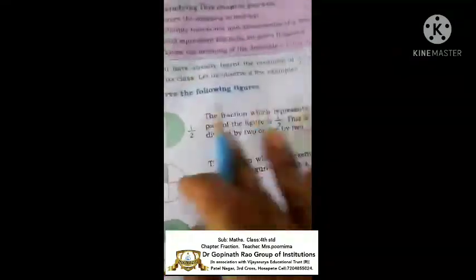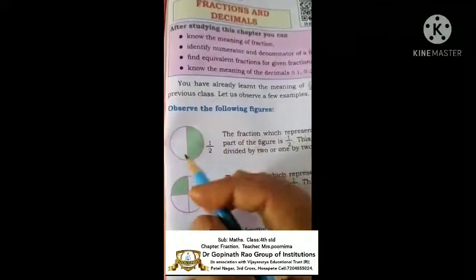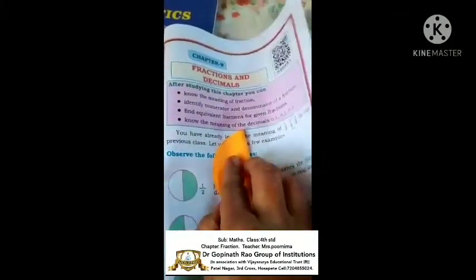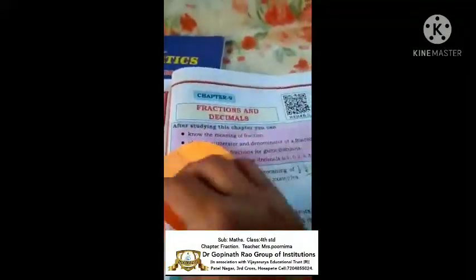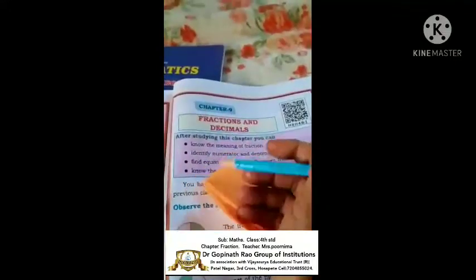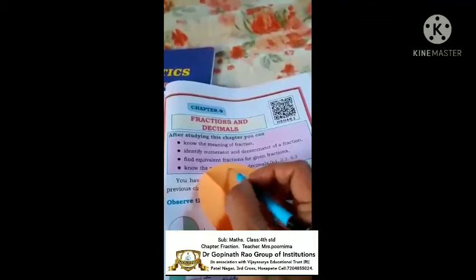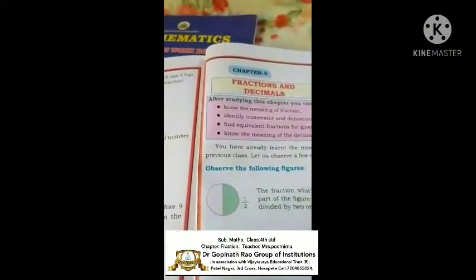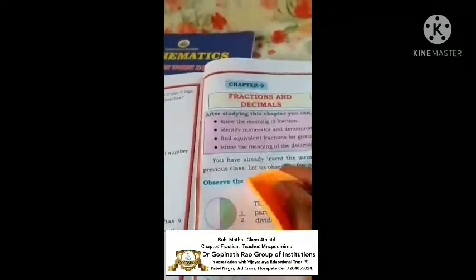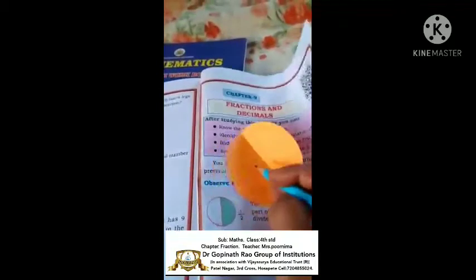Next, observe the following. As I told you, this is a circle, as they have shown, half. This part is colored. This is 1 by 2. If we again fold in this way, only this part is colored, that is called 1 by 4.